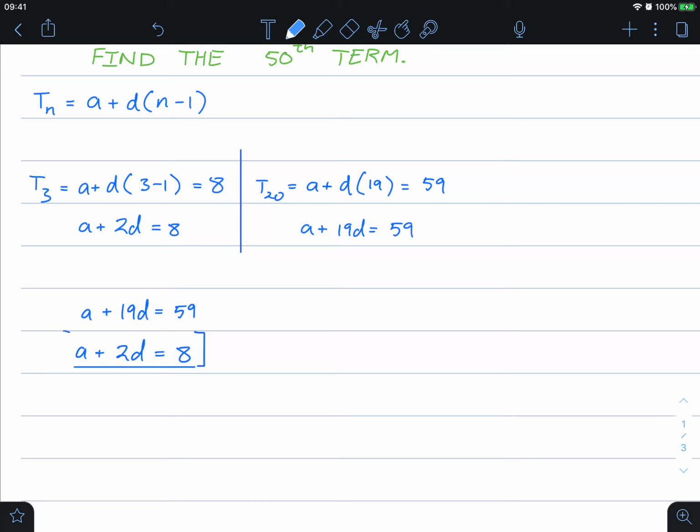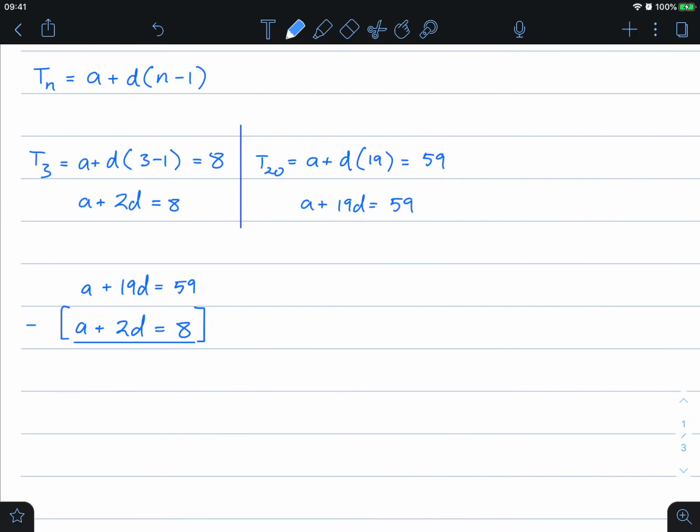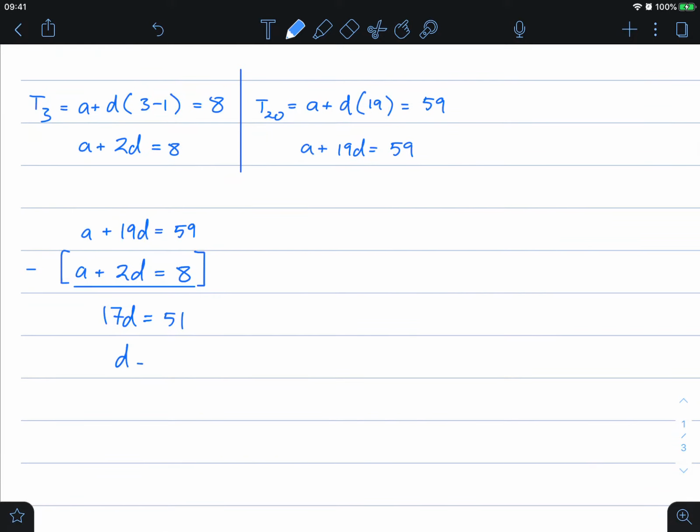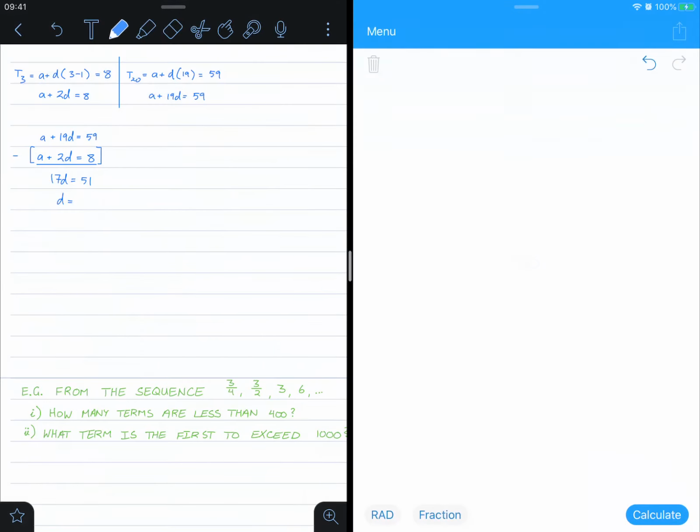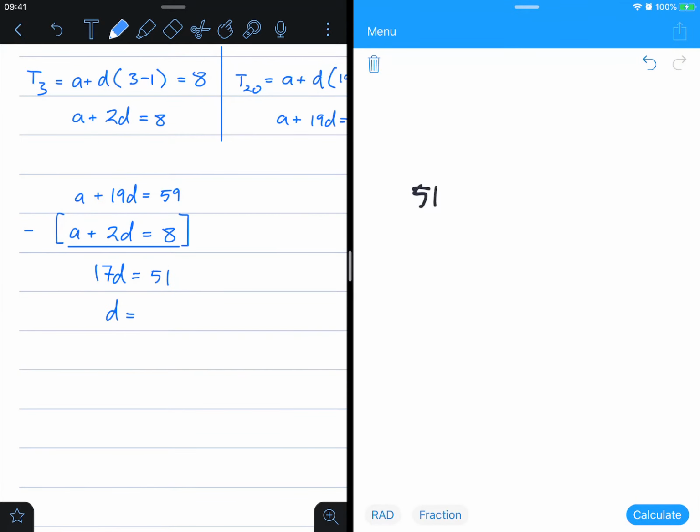Solving by elimination, I'm going to subtract the second from the first. The a's cancel. 19 take away 2 is 17d. 59 take away 8 is 51. d is equal to, I believe that's going to be 3. 51 divided by 17. Common difference of 3.